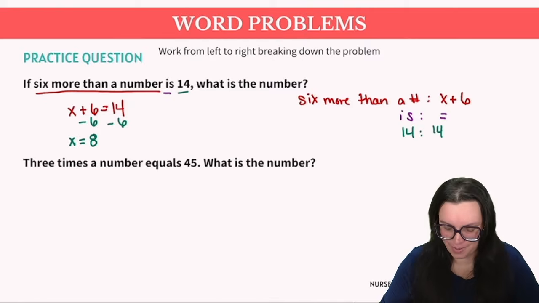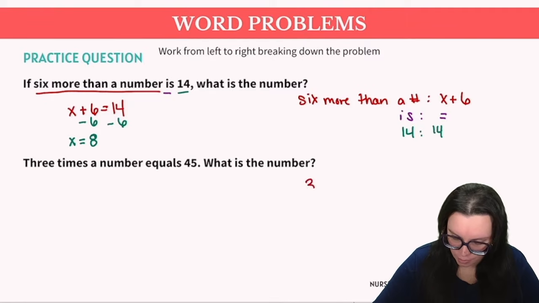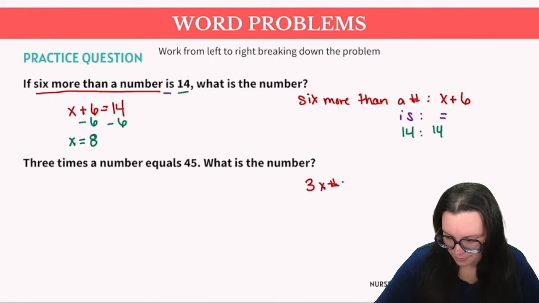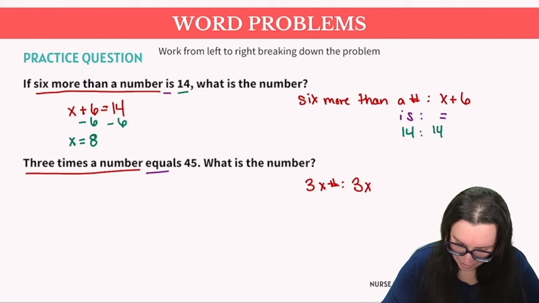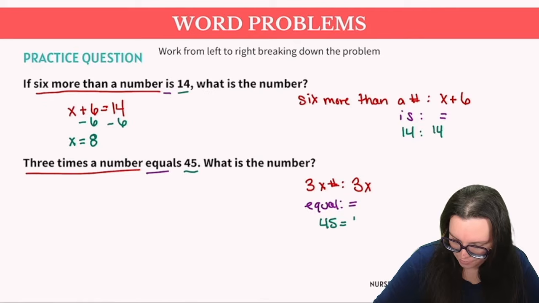Our next example states 3 times a number equals 45. What is our number? Again, we're going to break it down. 3 times a number is going to be 3x. Then we've got equals, which pretty much just tells us what it is, right? Equals is the equal sign. And lastly, 45 is just 45.